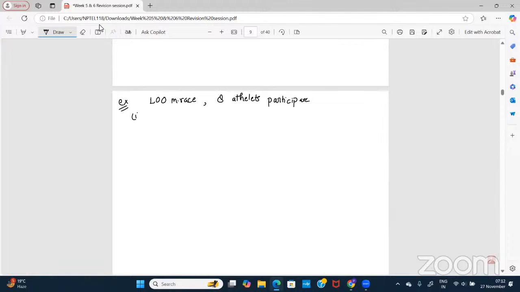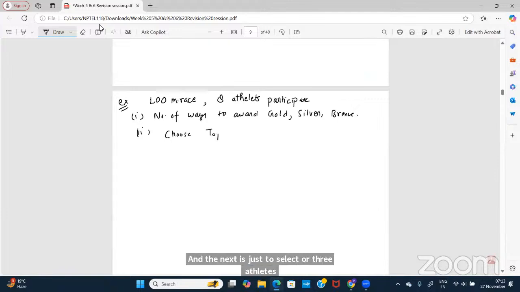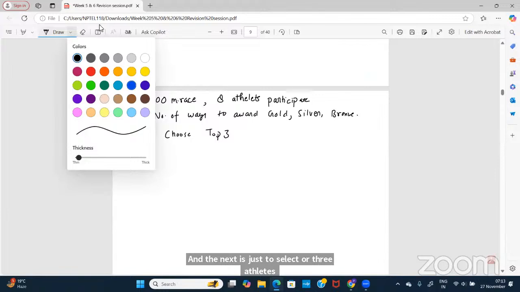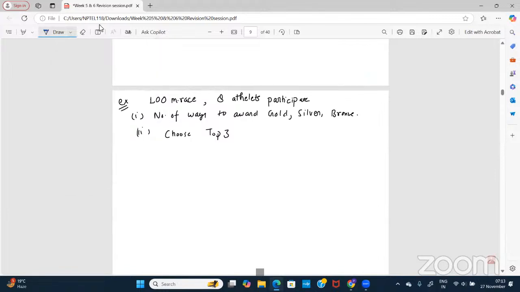The first question is how many number of ways to award gold, silver, and bronze. And the next is just to select top 3 athletes. We just have to choose top 3. Now, what will be the answer? In the first one, it would be 8P3 and in the second one, it would be 8C3.